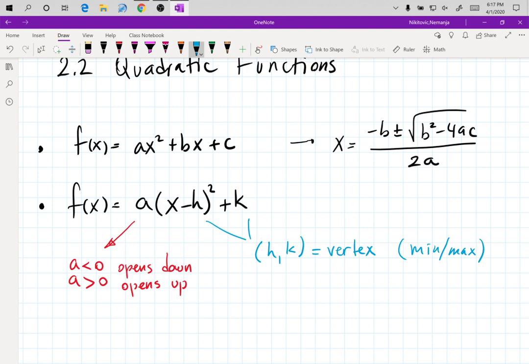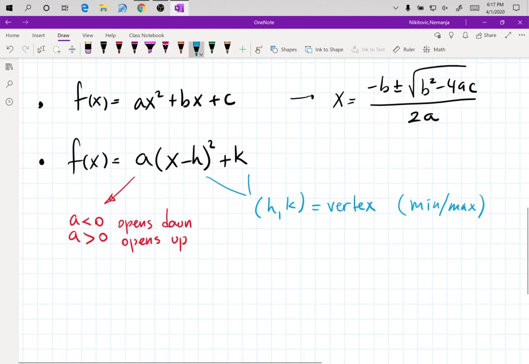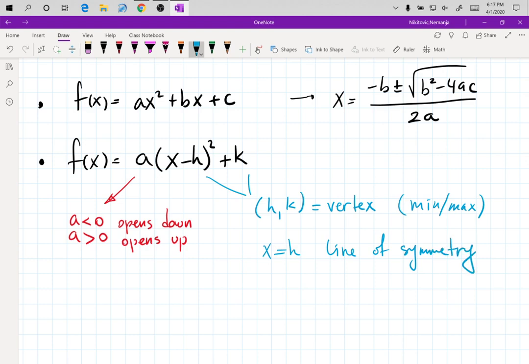Good. Then the next one. We also have the line of symmetry. So x equals h is the line of symmetry. So that's another one of these.